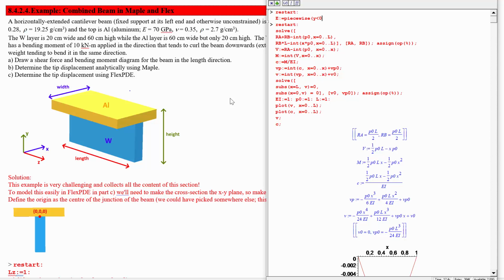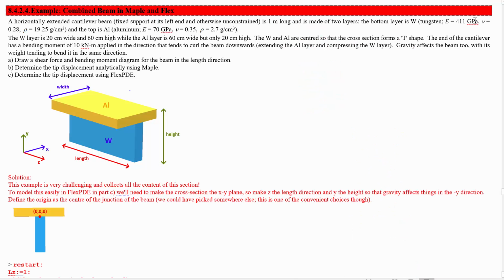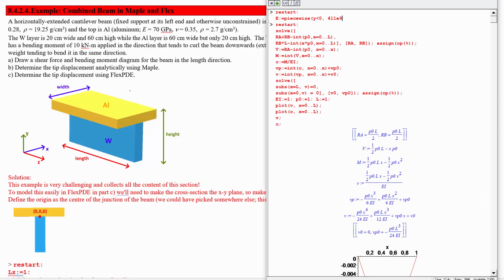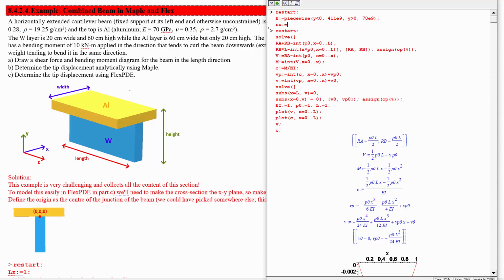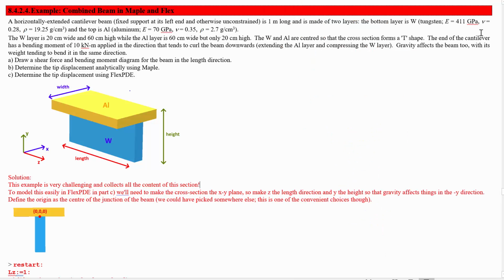If Y is less than 0, then it's going to be the values for tungsten, which is 411 gigapascals, 411E9. Y is greater than 0, we'll get aluminum, 70 E9. Nu is piecewise. Y is less than 0, 0.28.